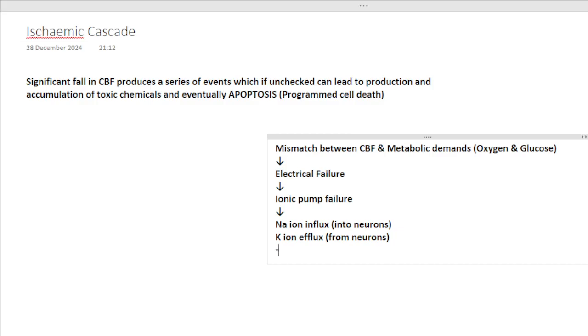So what will it eventually lead to? It will go for calcium ion influx, which will basically activate membrane phospholipids.